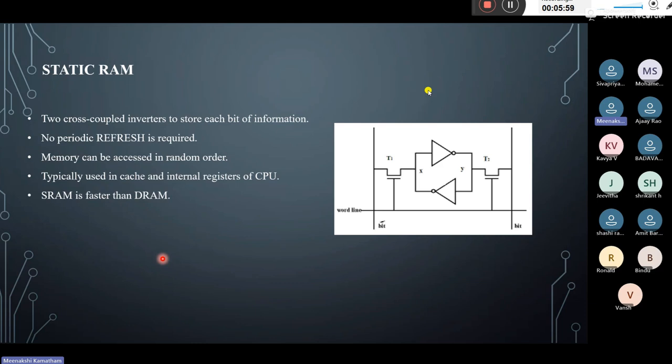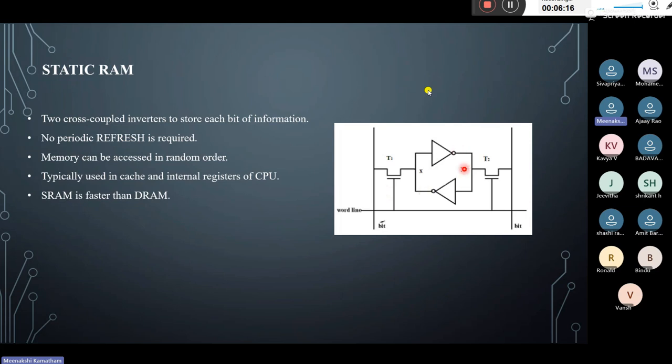For that, first of all, we have to know what is SRAM. SRAM is nothing but static memory. To develop SRAM, we need a minimum of 6 transistors.